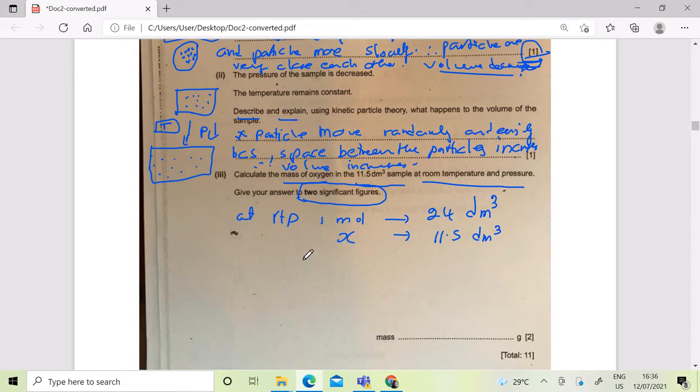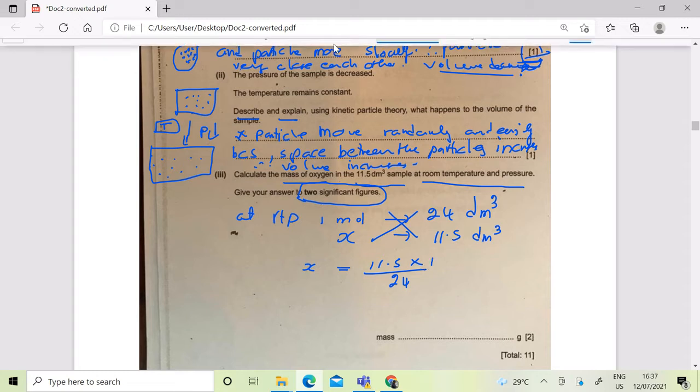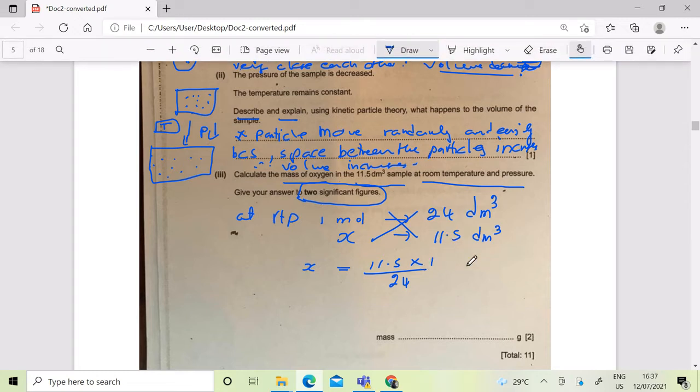So by cross multiplication, the number of moles is 11.5 into 1 divided by 24. 11.5 divided by 24 is equal to 0.479. We'll go to three decimal places.